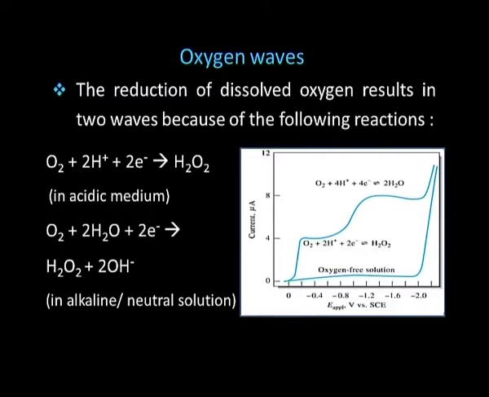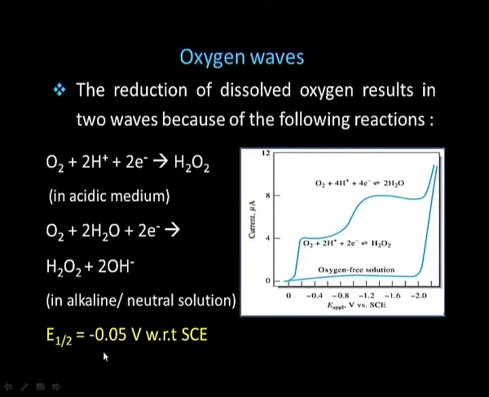Now, you can see here, when we record a polarogram without bubbling nitrogen, the oxygen present undergoes reduction in two well defined waves. Oxygen is taking 2 protons and 2 electrons, giving H2O2, whereas the second reduction wave is because of oxygen taking 4 H plus and 4 electrons, giving 2 molecules of water.